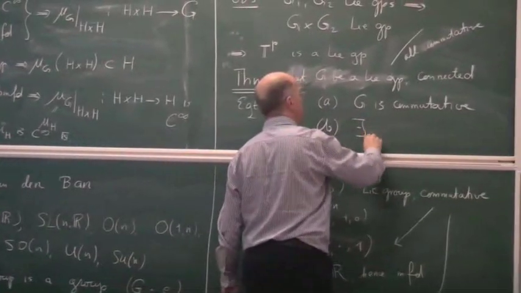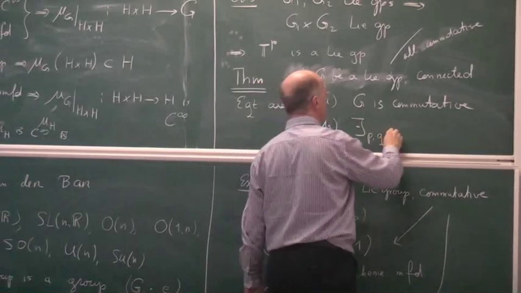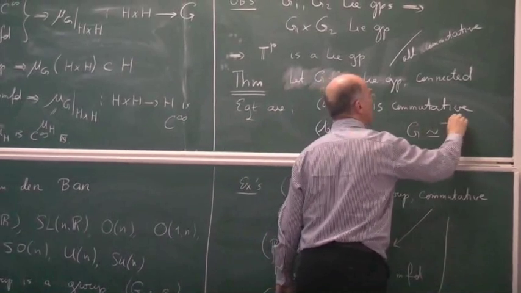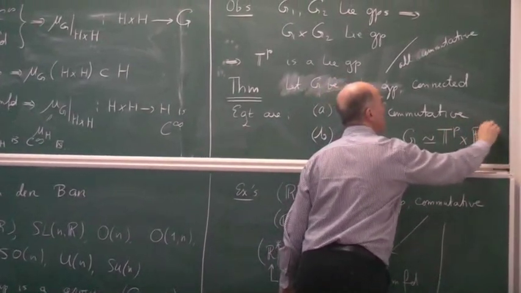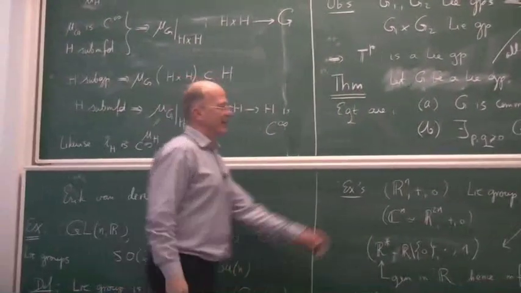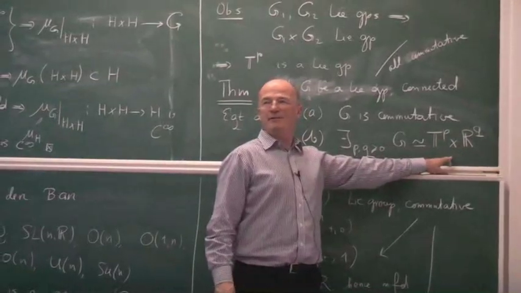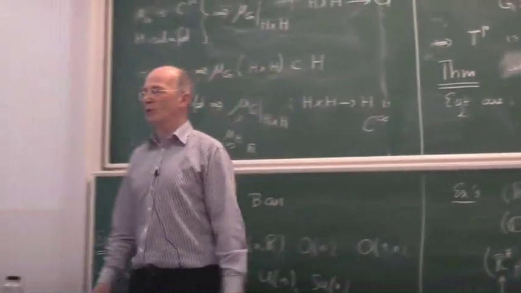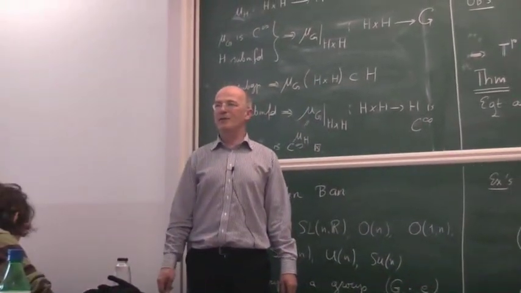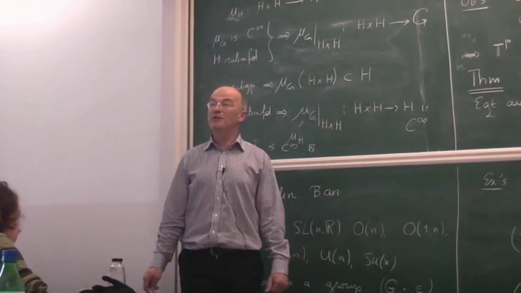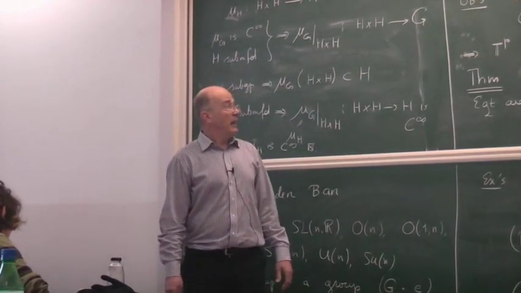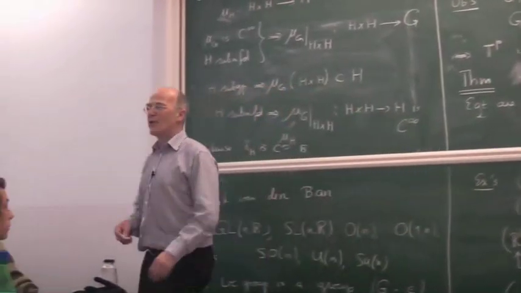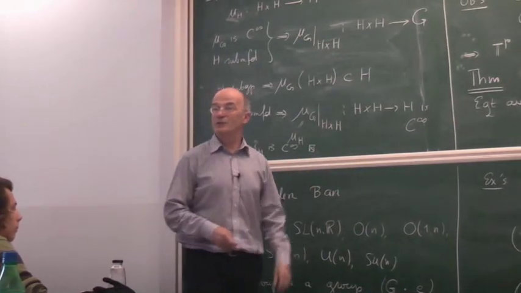So there exist non-negative integers p and q such that G is isomorphic to T^p times R^q. Now these obviously are very simple, connected, commutative Lie groups, and the theorem states that these are really all. So in other words, the theory of commutative Lie groups is not very interesting, it's not very rich. Now, the proof of this theorem requires the development of some theory, so I'm postponing the proof to a later stage of this course.